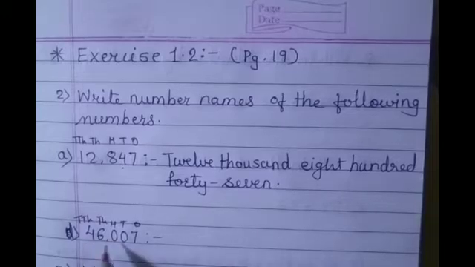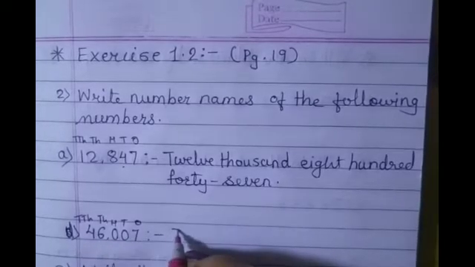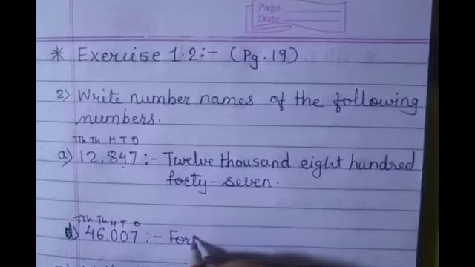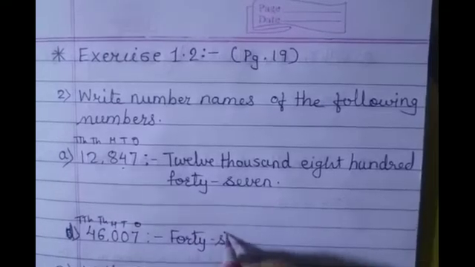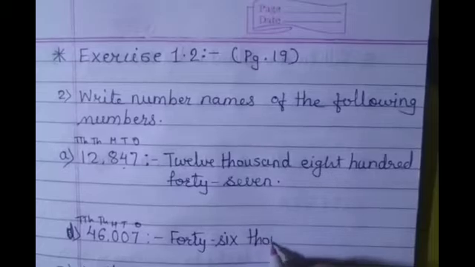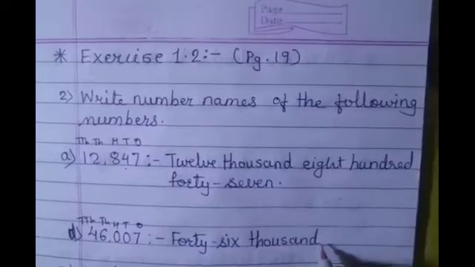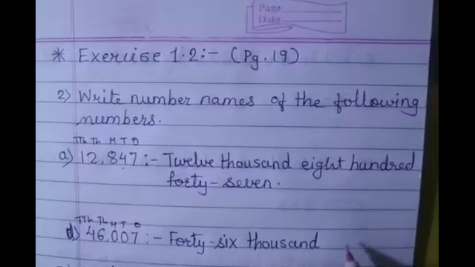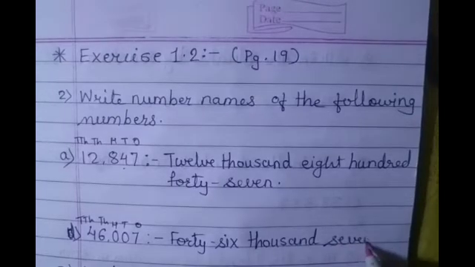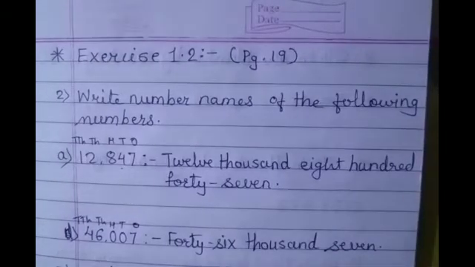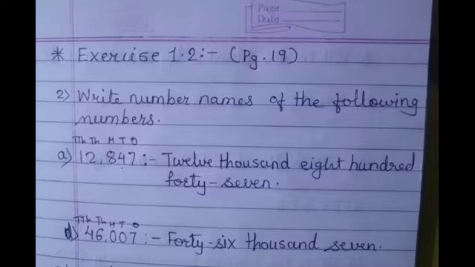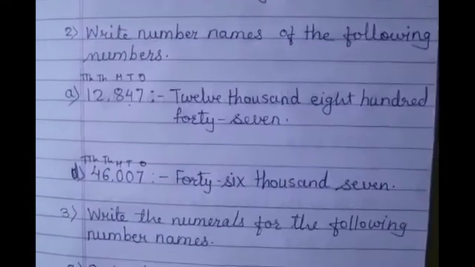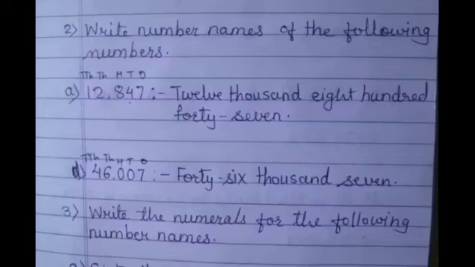It will become 46,000. Nothing is there at hundreds place and tens place. Directly we are having 7. So 46,007. This is the number name. Now next question, that is question number 3, is: write the numerals for the following number names.